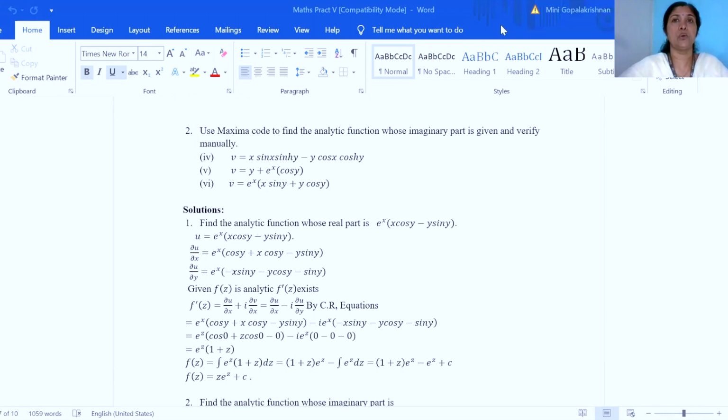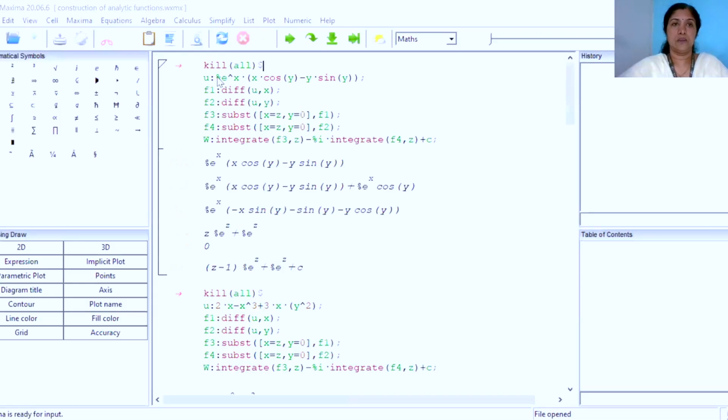Now we'll have a look at the Maxima programs. The same question, Maxima program. The sum given to us is e raised to x into (x cos y minus y sin y). We store that function in u.